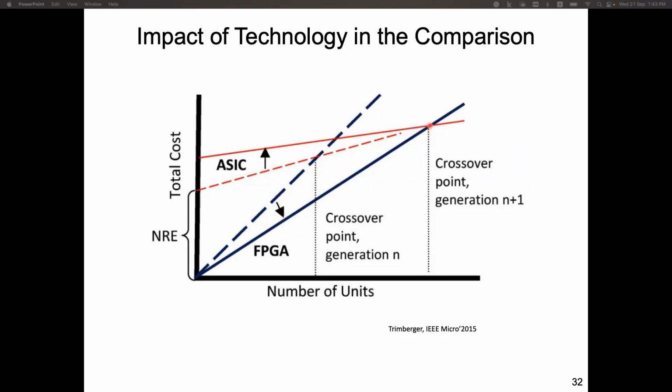So the crossover volume for generation N+1 is greater than the crossover volume for the earlier generation. So that's the impact of technology in this FPGA versus ASIC comparison. So in newer generations, you may prefer an FPGA solution, even if you have a large quantity to use.